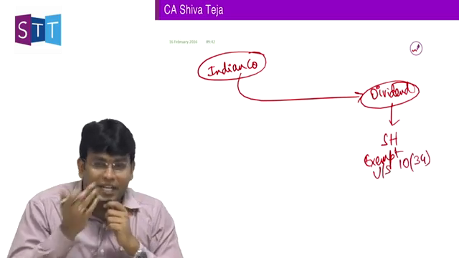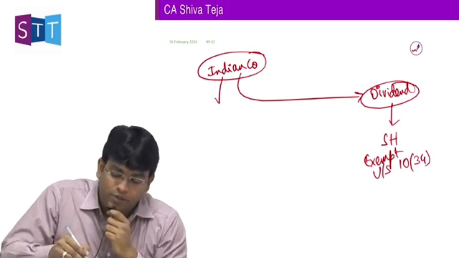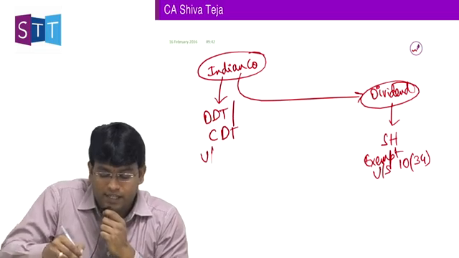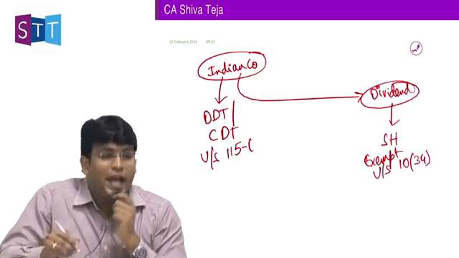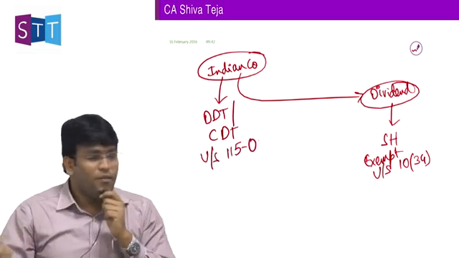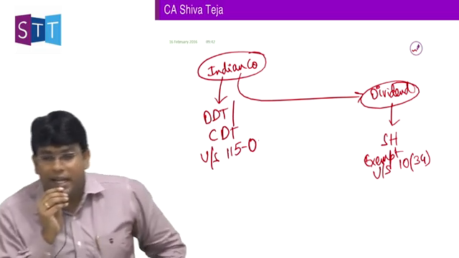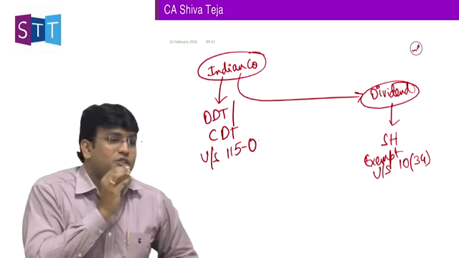Why it is exempt? Why it is not taxable? Because Indian company is going to pay dividend distribution tax or corporate dividend tax under section 115O at some special percentage, which I'll discuss with you later. Okay? Chalo. Dividend paid by Indian company is exempt in the hands of shareholder.